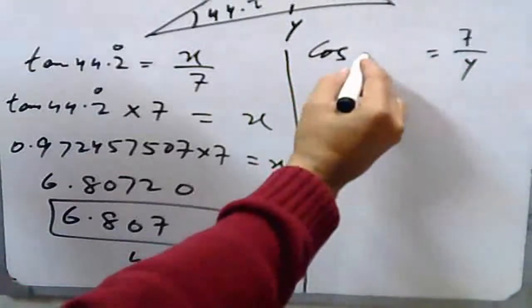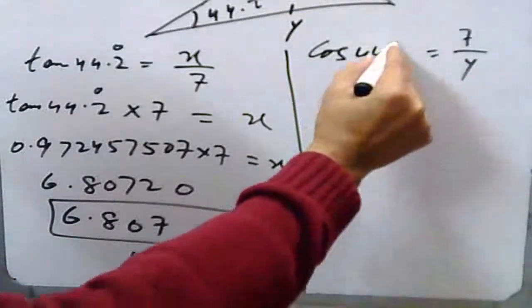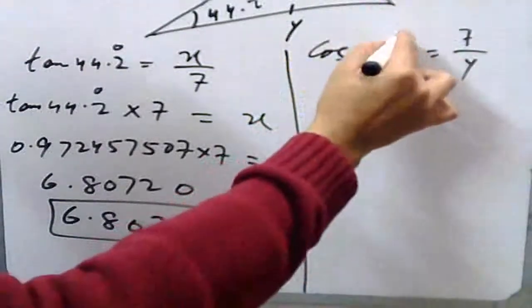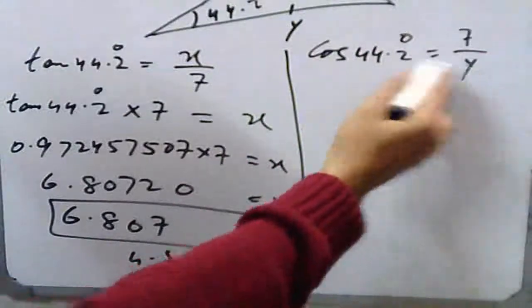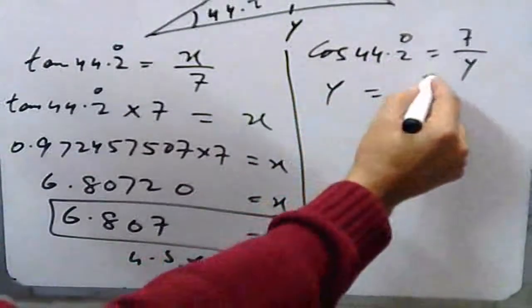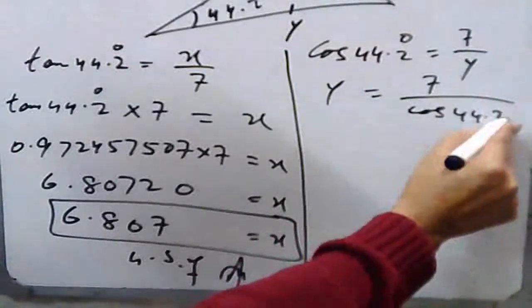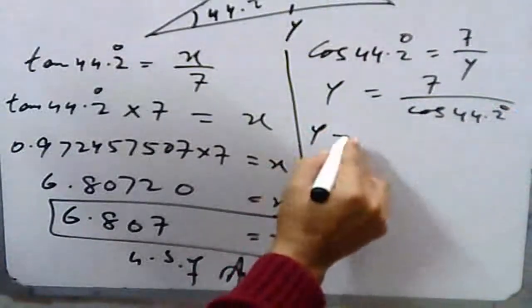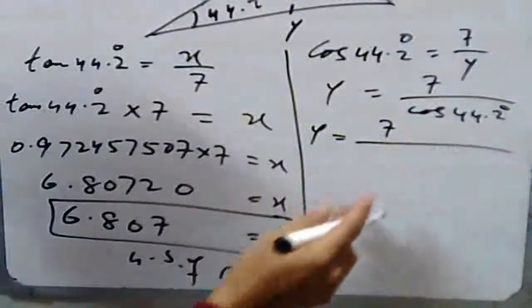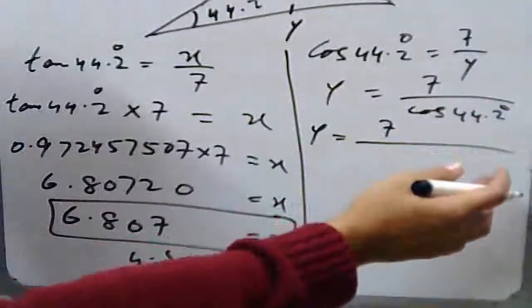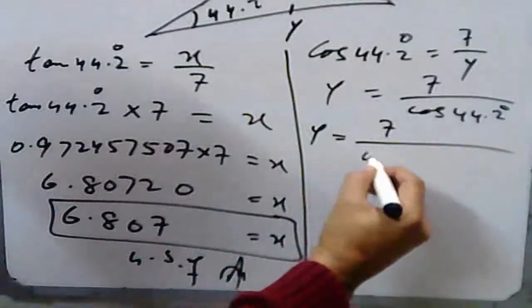So the ratio between adjacent by hypotenuse is known as cos, that is cos 44.2 degree. So find the value of y using cross multiplication, that is 7 divided by cos 44.2 degree.